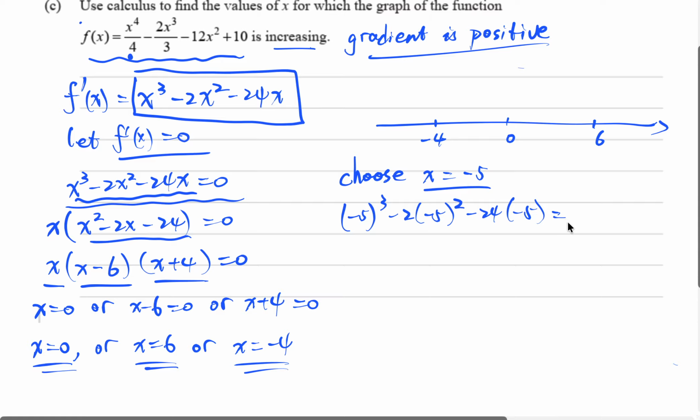I will use my cell phone calculator to figure out the answer. Negative 125, minus 2 times 5 squared, 50, then plus 120. It should be negative 55, a negative. All I care about is whether it is positive or negative.